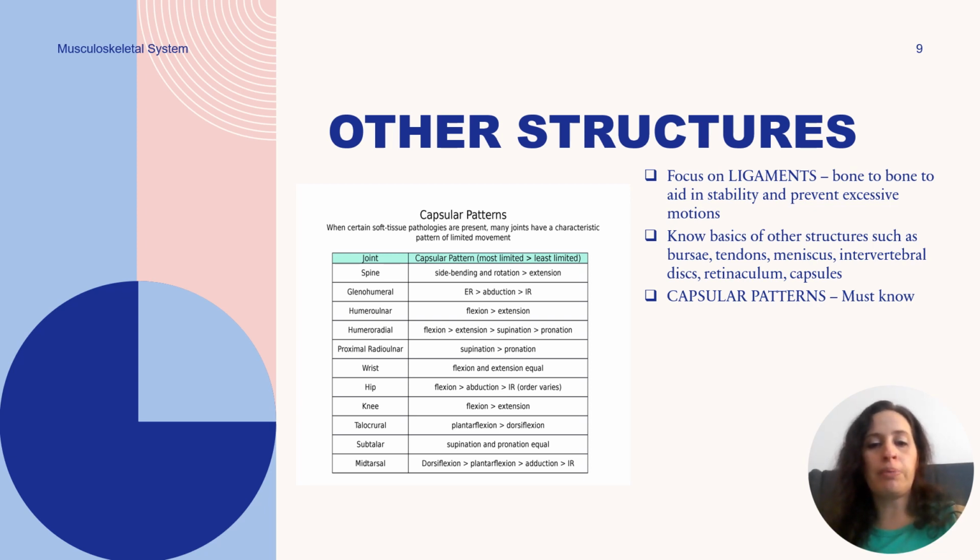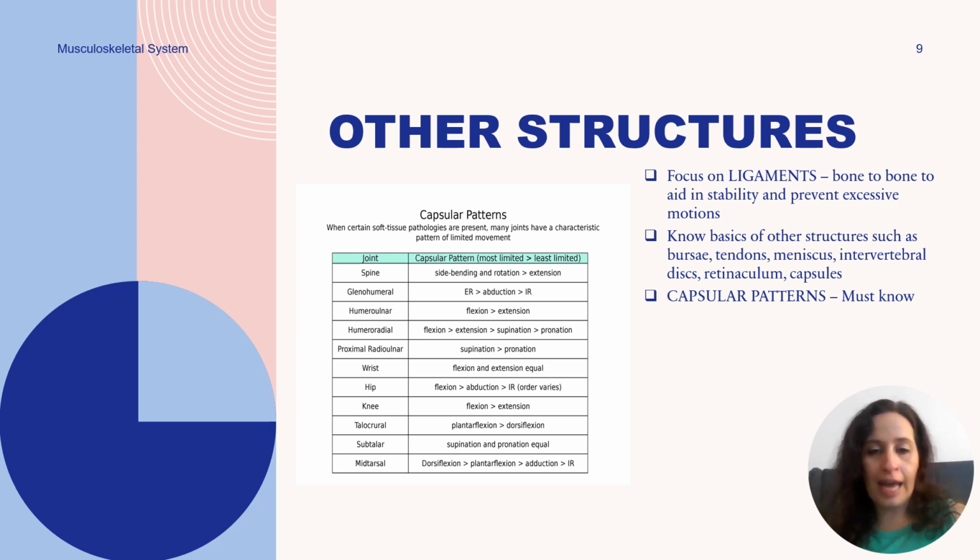A capsular pattern means if there is an issue with the joint capsule, which again is the bundle of ligaments that goes around the joint, in all synovial joints, if there is an issue specifically with that part of the joint, your joint will be restricted in this order of movements.